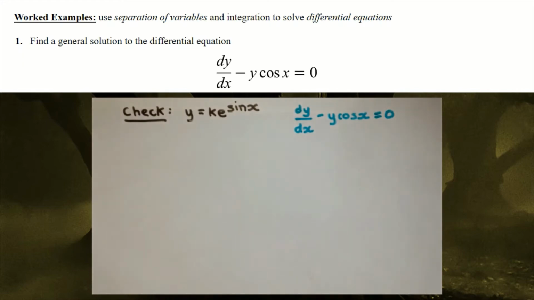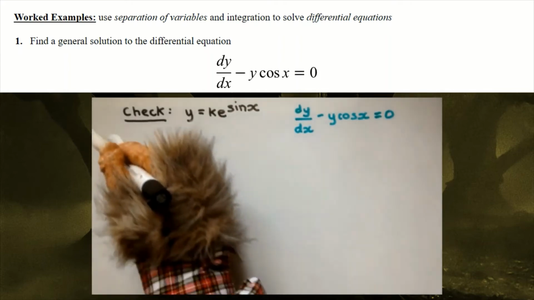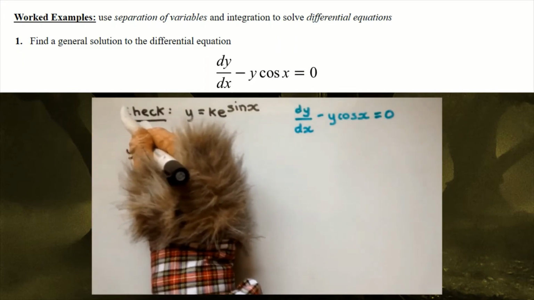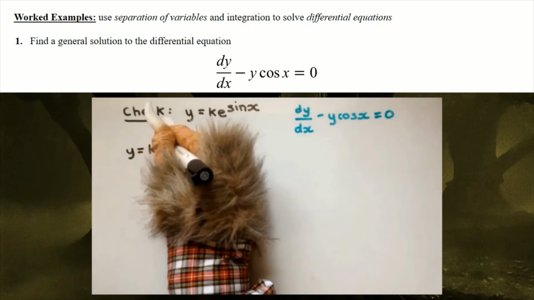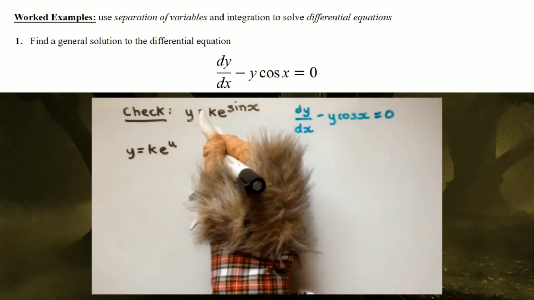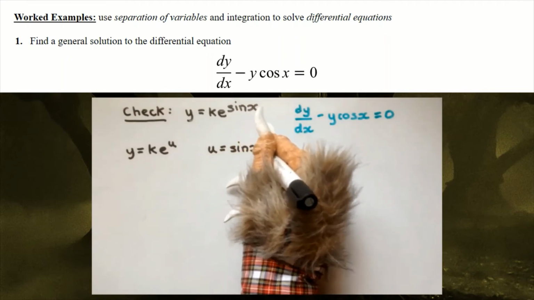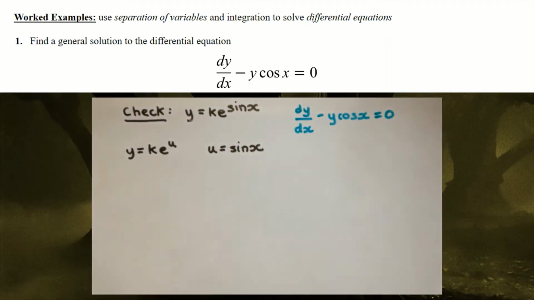Now I'm going to do this rather quickly, just to get to the point, because this is not about the chain rule, this is about differential equations. So if you'll note, if I want to make a substitution, I could say, all right, y equals k e to the power u, and u is equal to sine x, like that, and I differentiate both of these.